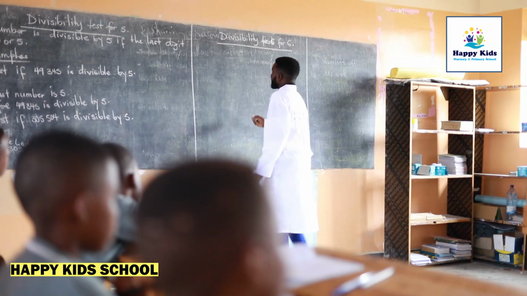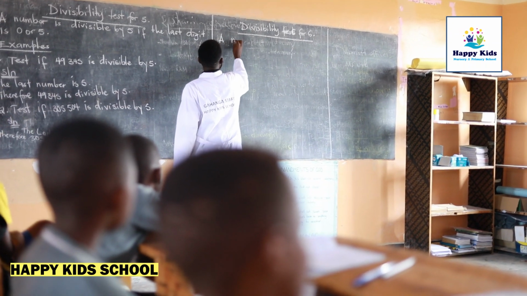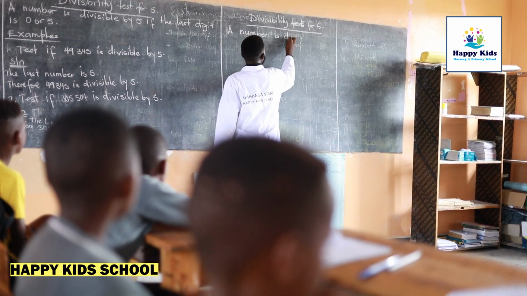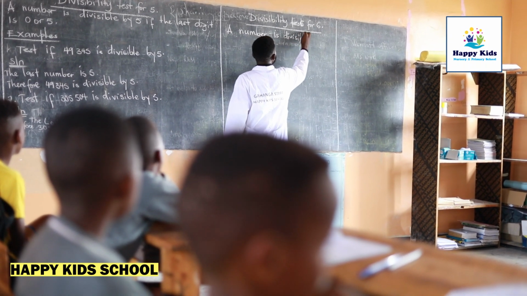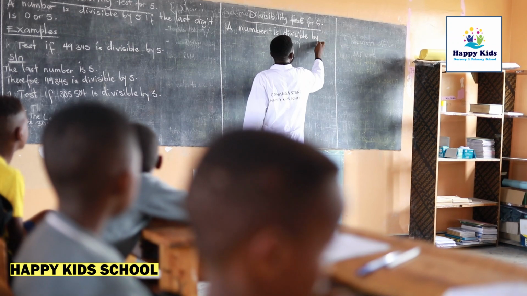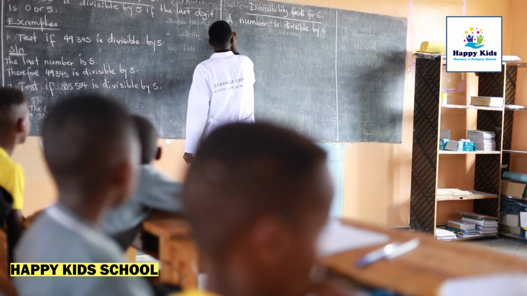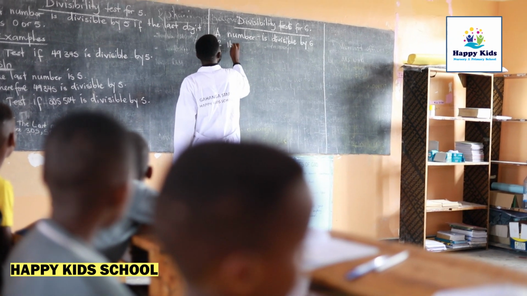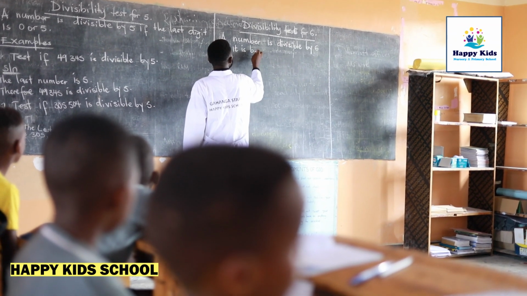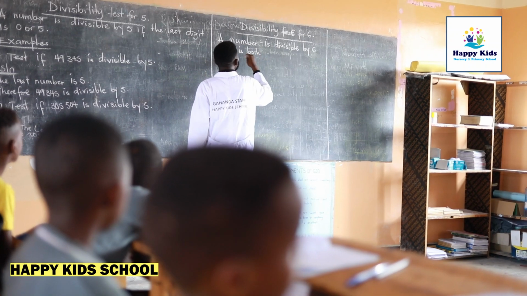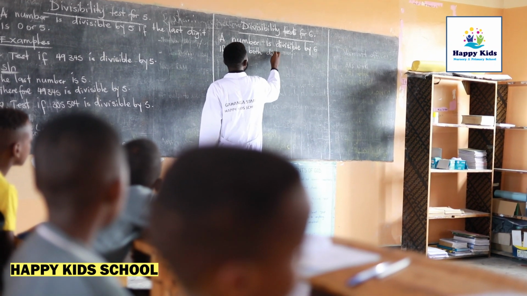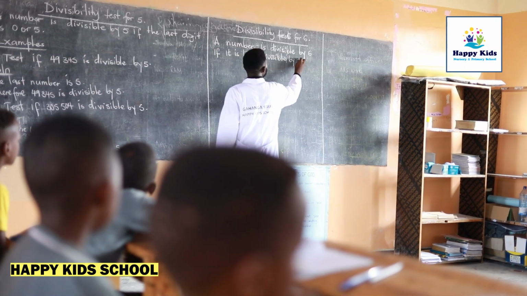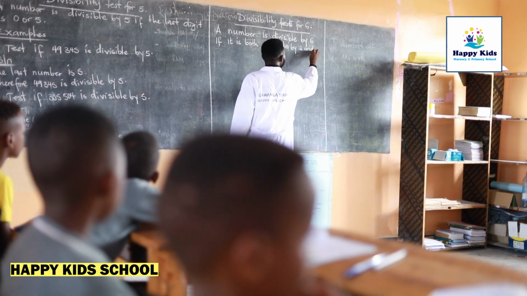So we say that a number is divisible by 6 if it is divisible by both 2 and 3.